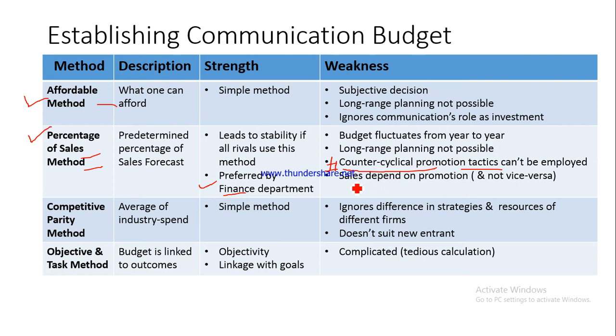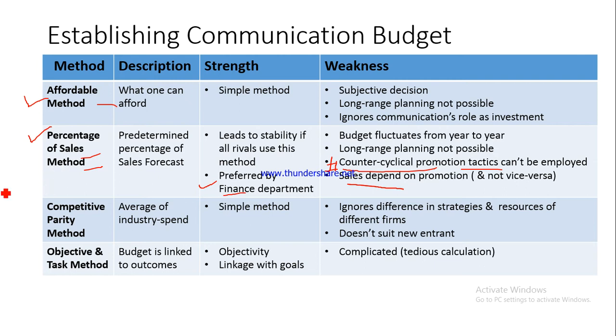Again, one more issue with this particular method is this assumes that the sales are independent. Sales basically are independent of promotion. It assumes that promotion is dependent on sales. Please understand, how do we determine how much we are going to sell, how much we are going to spend in our communication campaign?